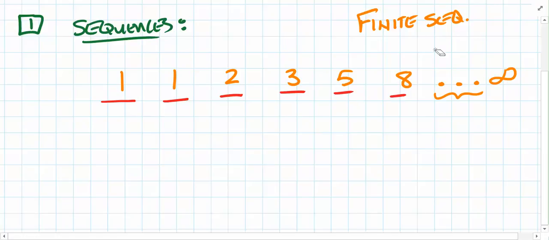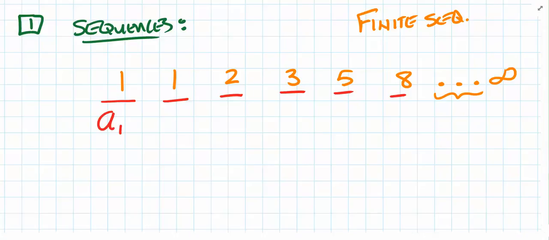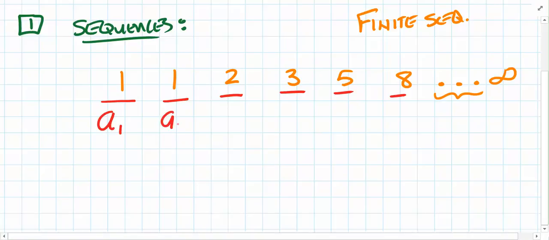The way that we describe each of these numbers that we're seeing, these are called terms of my sequence. So this 1 represents the very first term, and the way that we represent a term in a sequence is with a subscript. So a sub 1 represents the first term. a sub 2 represents the second term. a sub 3 represents the third term.